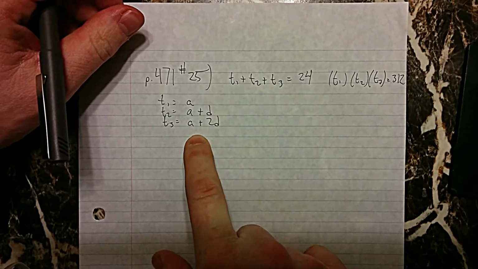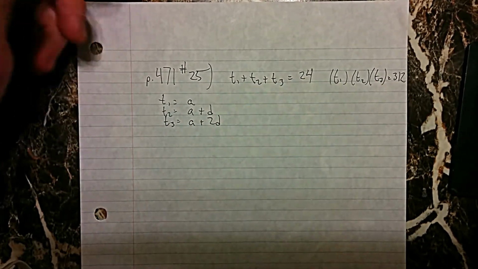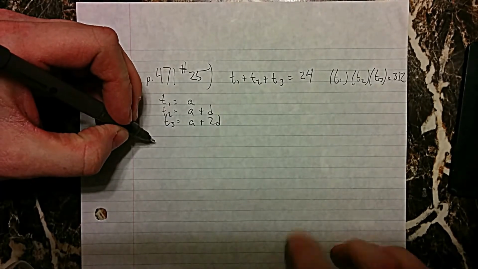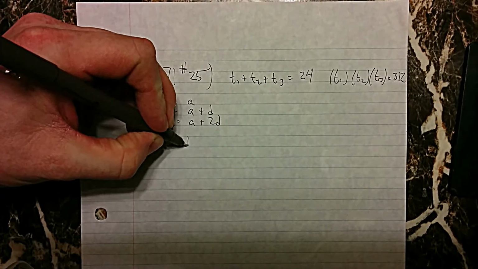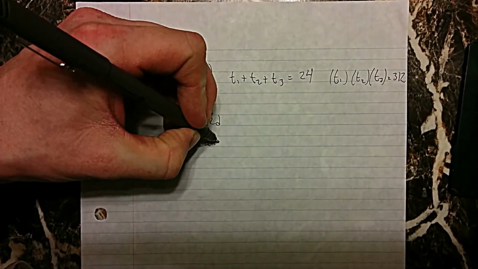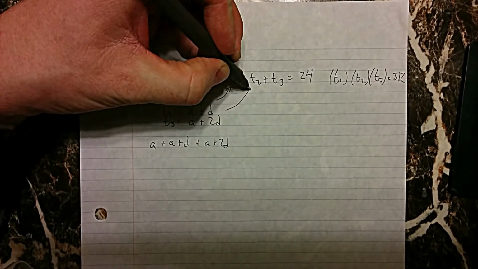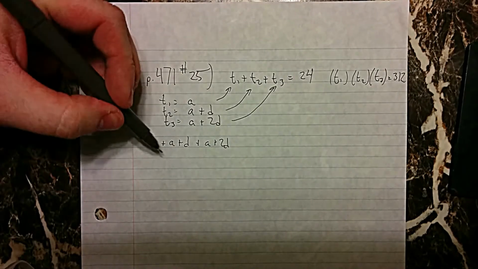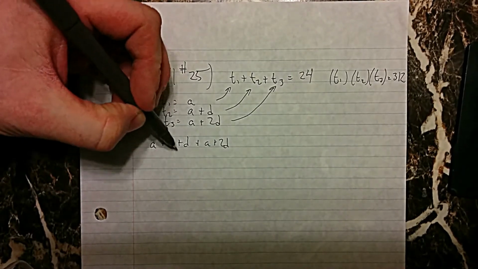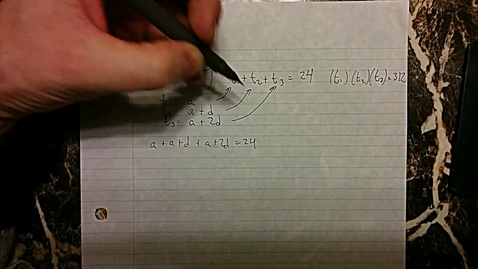So we're going to substitute those into both of these equations here. When we sub it into the sum, we're going to get A plus D plus A plus 2D, because these values go in for term 1, term 2, term 3, and that's going to be equal to 24.